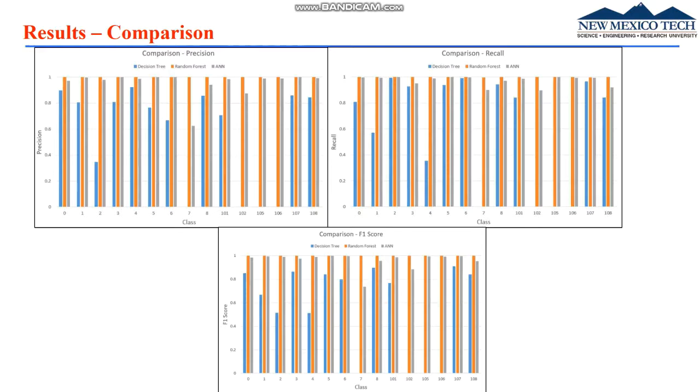We can also notice that especially for class 7, the artificial neural network does not perform very well. This can be due to the underrepresentation of class 7, as mentioned by the other authors who also focus on this dataset. One of the authors is Vargas.